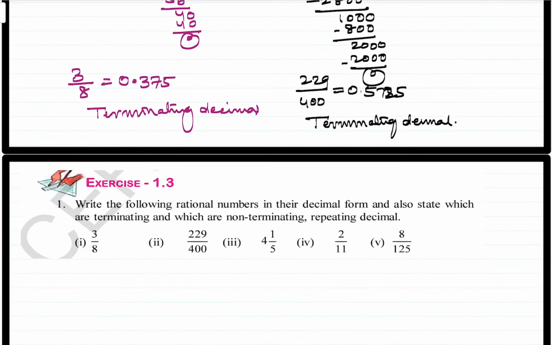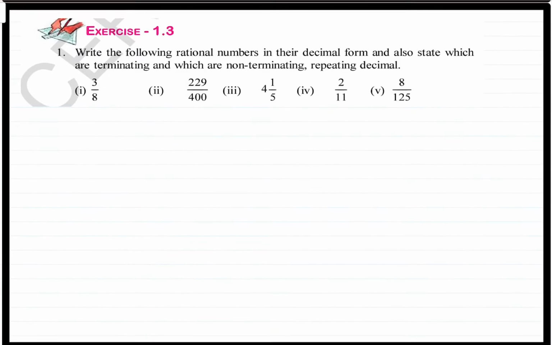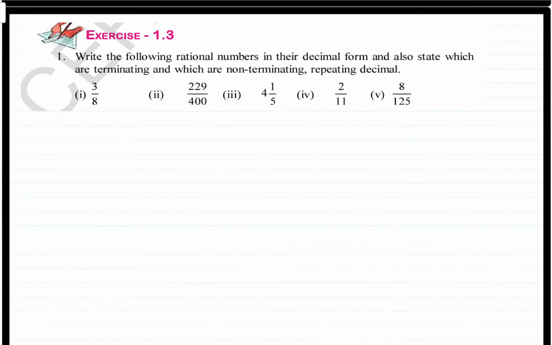Now we are going to do the third one. The third one is a mixed fraction, 4 1 upon 5. First we have to write it as an improper fraction. 4 1 upon 5 can be written as 4 times 5 plus 1.